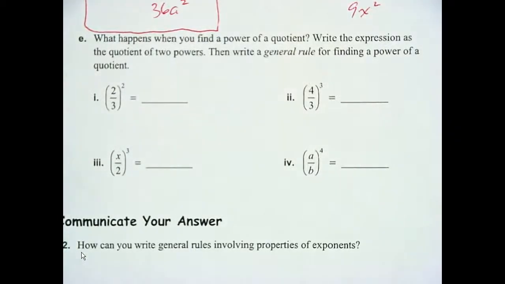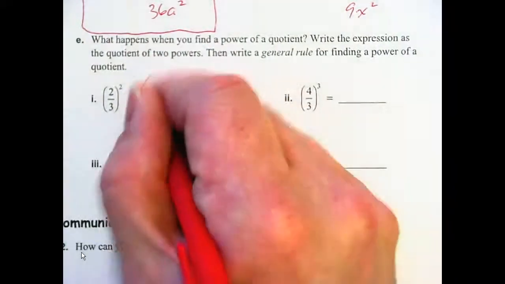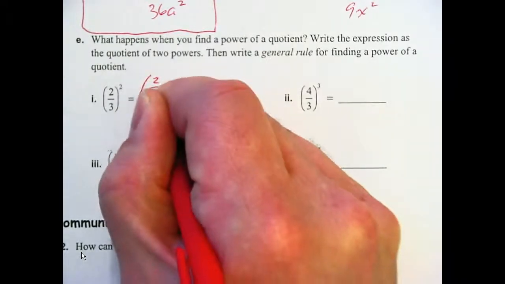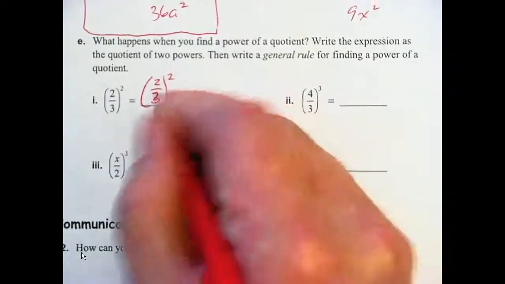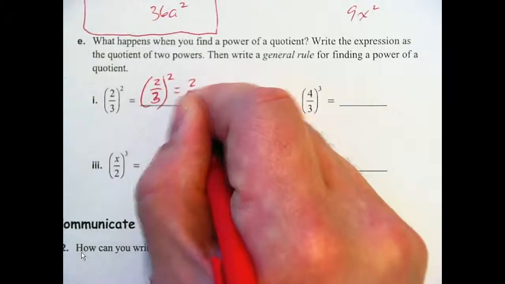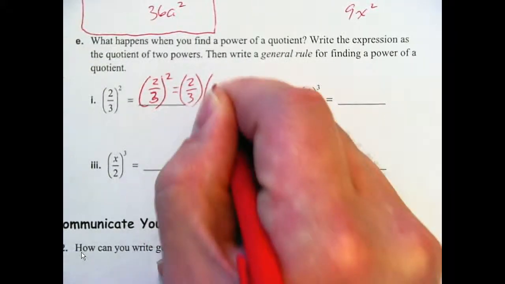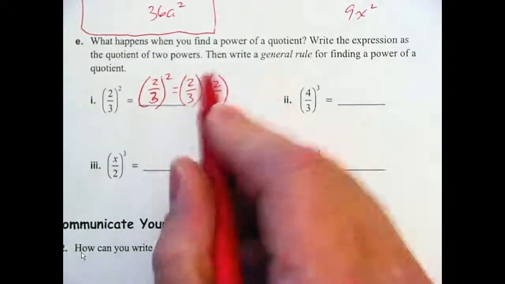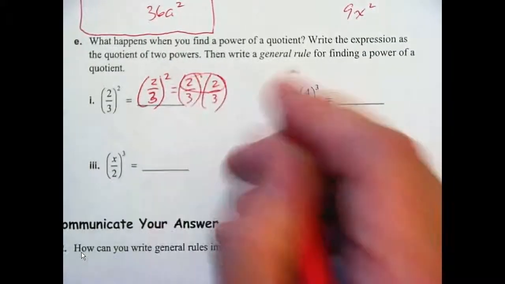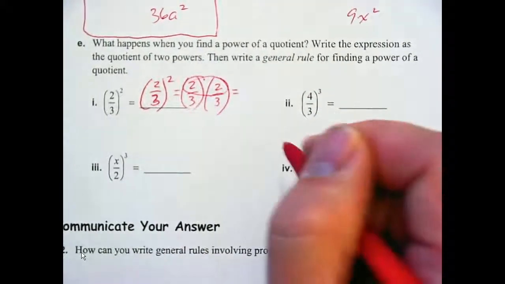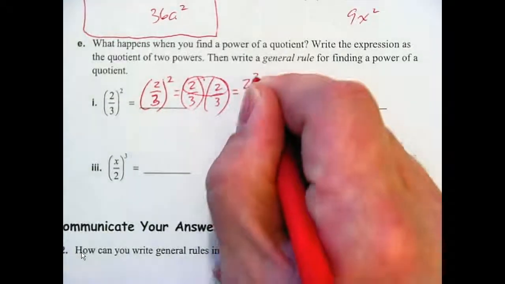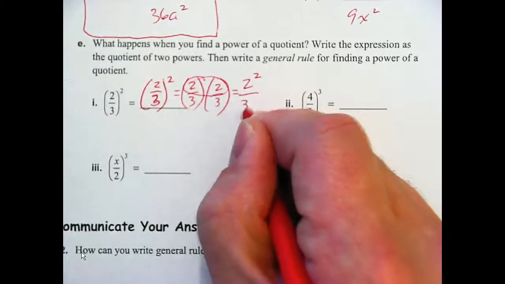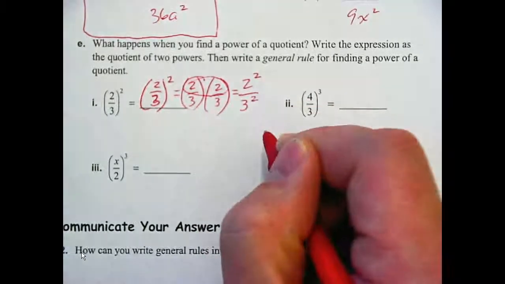All right, let's check it out. Okay, this is 2/3 squared, which means 2/3 times 2/3. So how many 2's do you have? 2 2's and 2 3's.